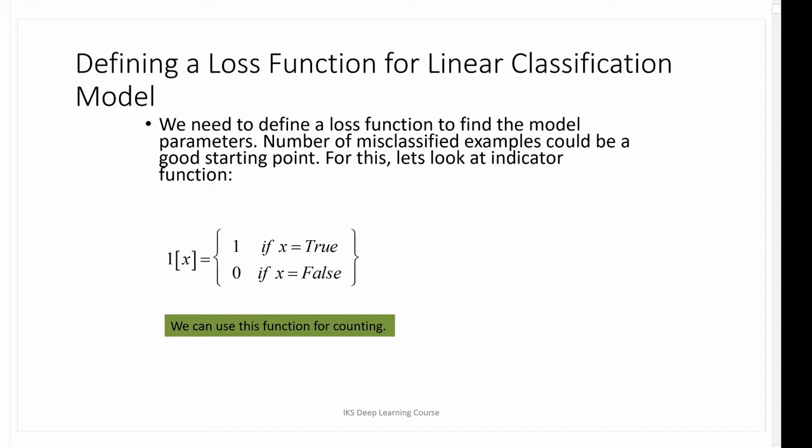And I'll show you how this indicator function can be used to figure out the number of misclassified examples. So this indicator function is defined as shown. This function is going to be 1 if the argument of the function is true, and this function has a value 0 if the argument of the function is false.